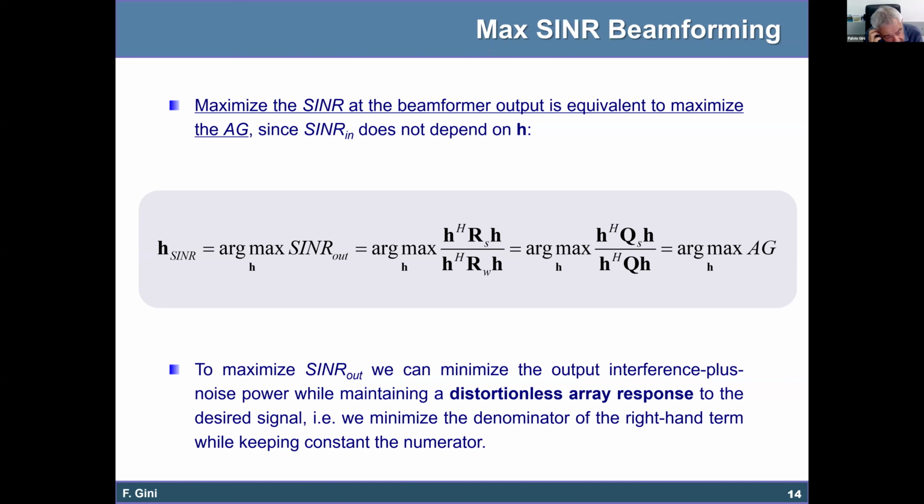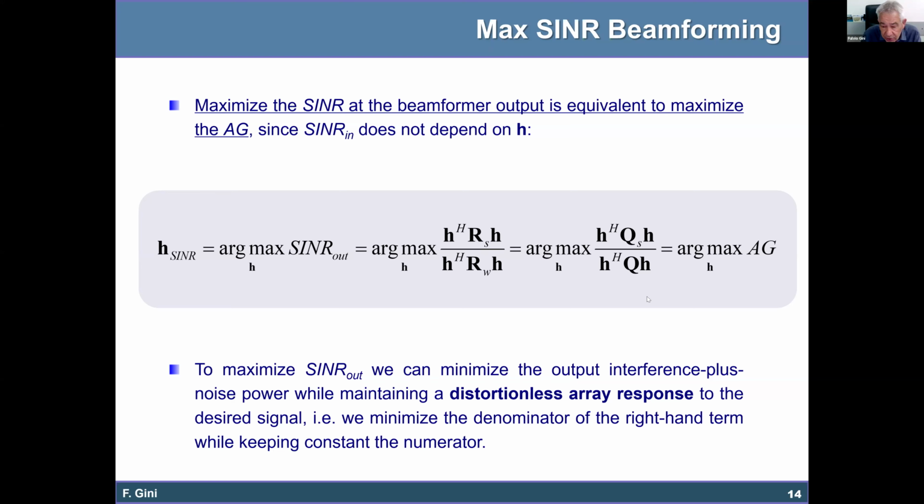And we discovered that to maximize the signal-to-noise ratio at the output of the beamformer is equivalent to maximize the array gain. So the improvement in terms of signal-to-noise ratio from the input to the output. Okay, so we want to find H that maximizes this ratio.